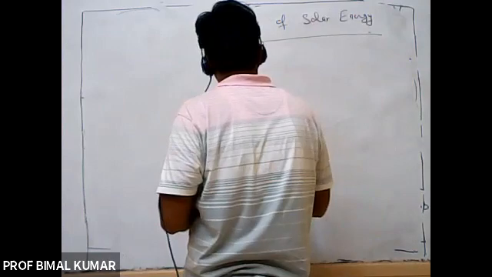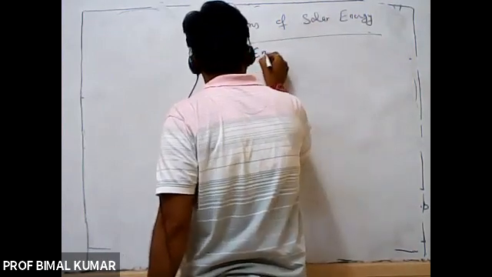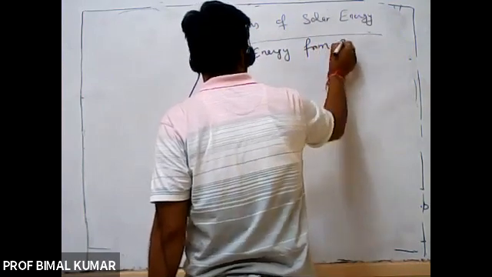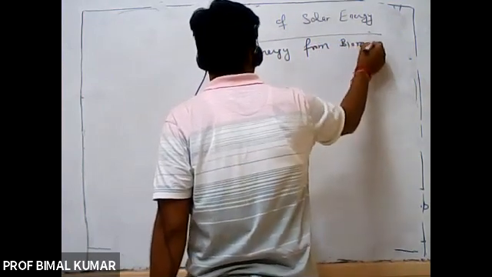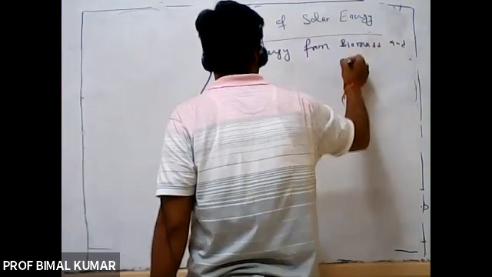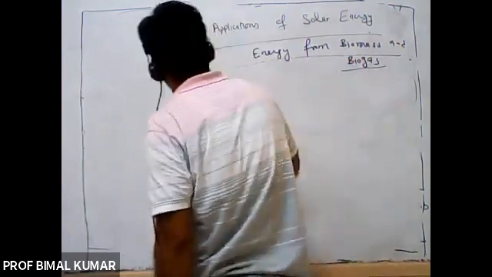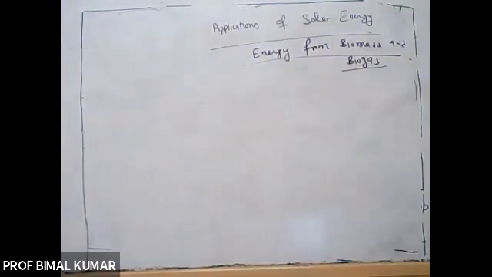So energy from biomass and biogas may be considered as another category for the application of solar energy.